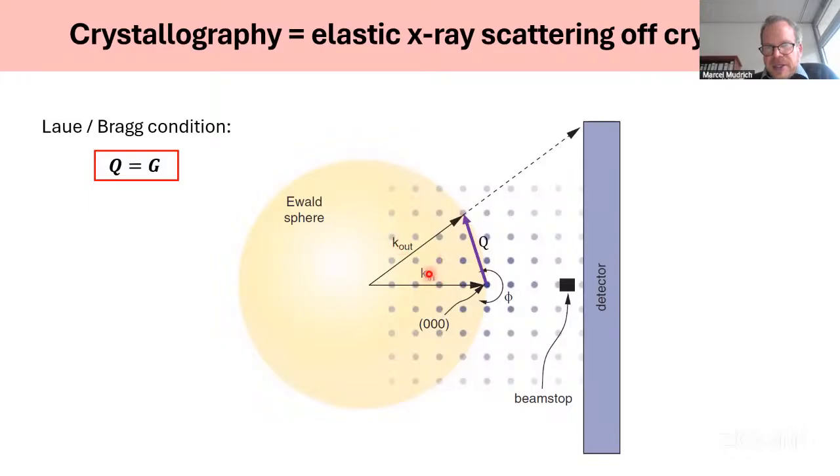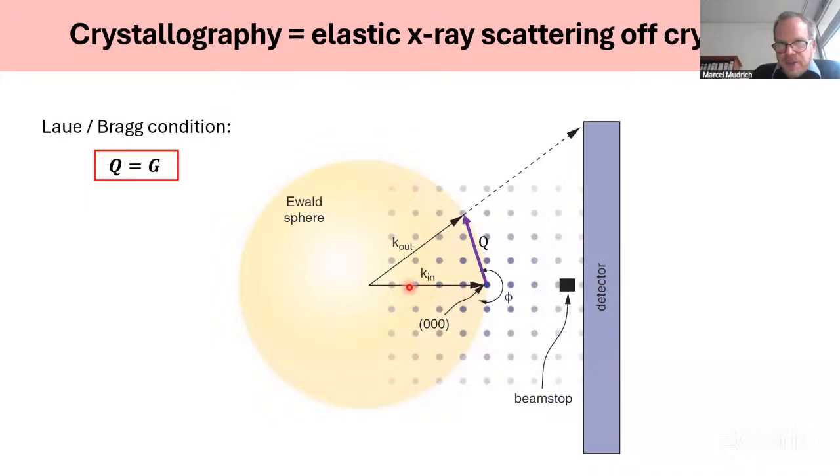k in, the wave vector, is the vector pointing along the incident beam onto the sample. So if we draw the detector plane like this, we should probably put a beam stop right into the incident beam so that the detector does not get completely oversaturated where the incident beam hits the detector plane.